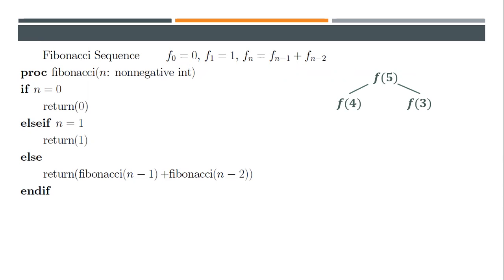Because then f of 4 is going to call its own instance of f of 3 and an f of 2. Fibonacci 3, Fibonacci 2. What are those numbers? Well, to get the third Fibonacci number, it's going to ask what is the second and what is the first Fibonacci number. All of these are running independently and, at least with the code we have here, not talking to each other.